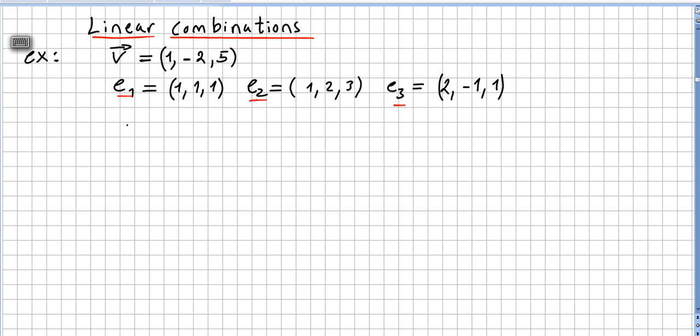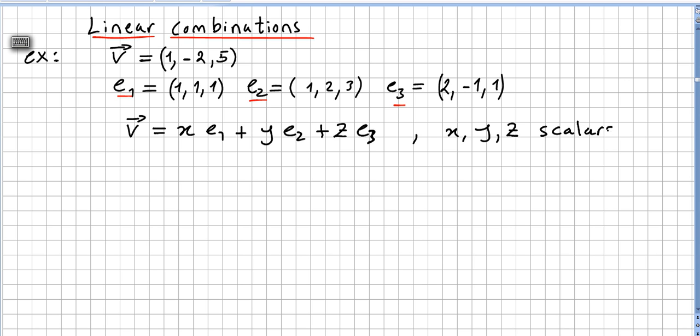So this means that we want to write vector v as x times e1 plus y times e2 plus z times e3, where x, y, and z will be scalars.